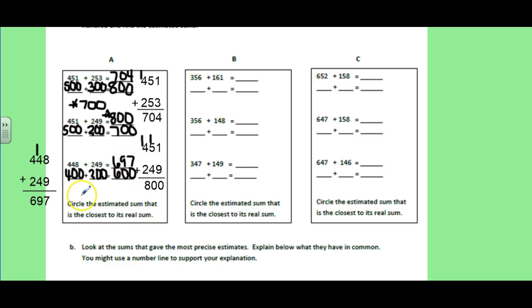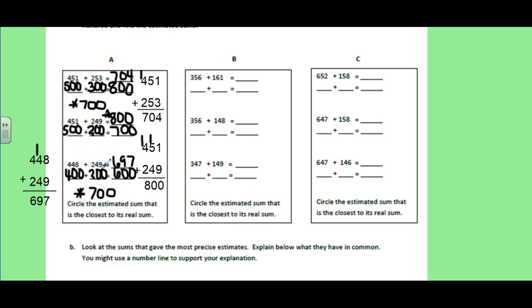So when we're looking at 697, I want you to ask yourself, what number is 697 closest to? If you were estimating this and you wanted to find the number that was closest to 697, it's definitely not going to be 600. It's going to be 700. So right here on your paper, I would like for you to put 700 so we know what the closest estimate actually is. And once again, this was 249.